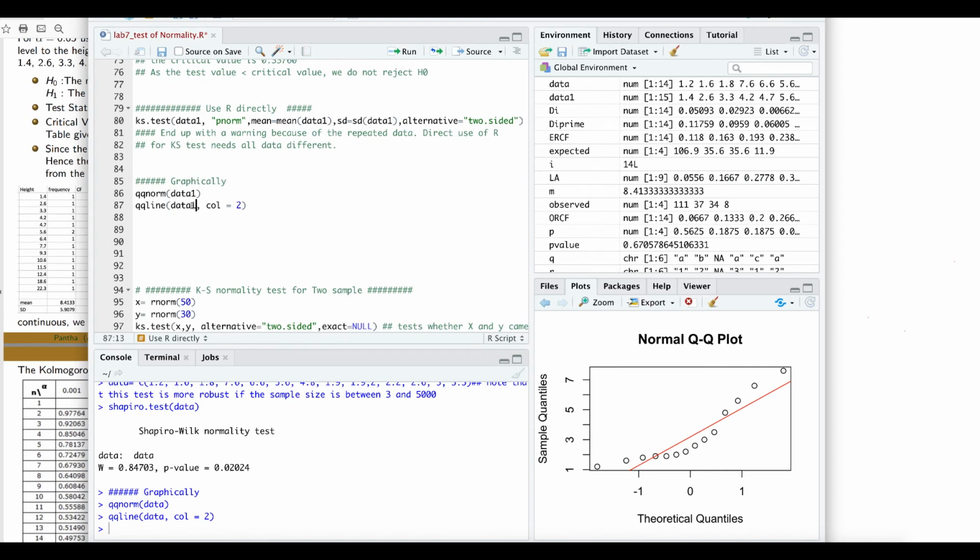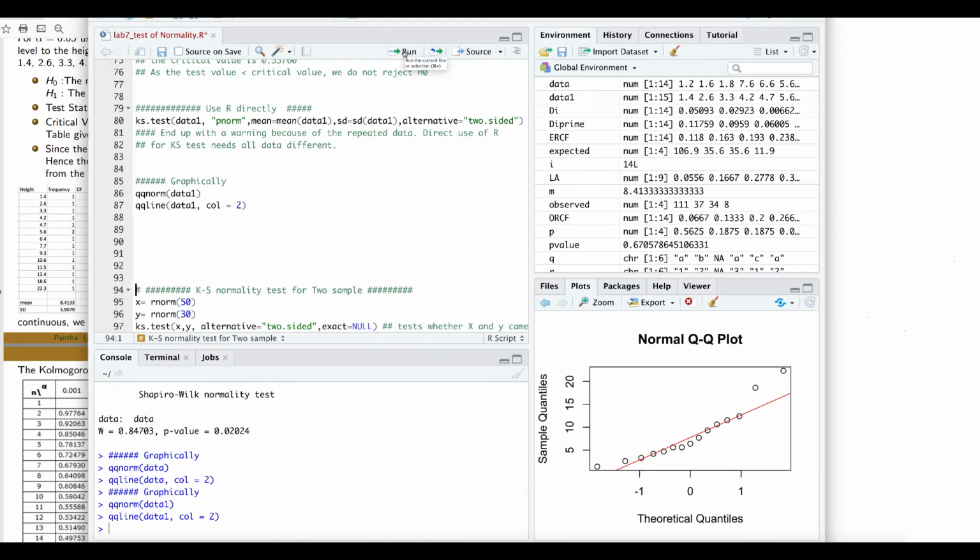If you do it graphically, you see that the data points are close to that line. But one of the things we cannot say from the graph is how far scattered the data can be before we consider it not normal, and how close they should be. That's why we need the statistical method, because it gives you the p-value, the probability, and then we can decide with more confidence.